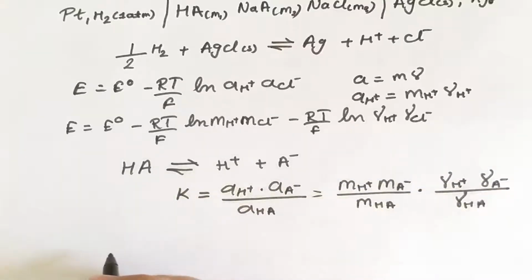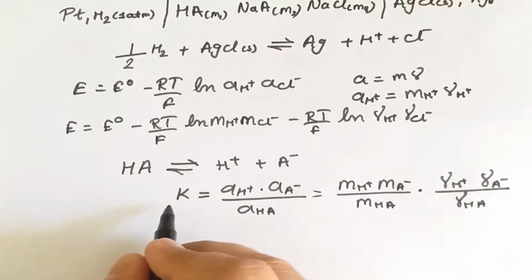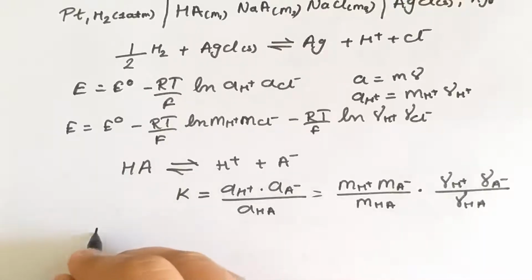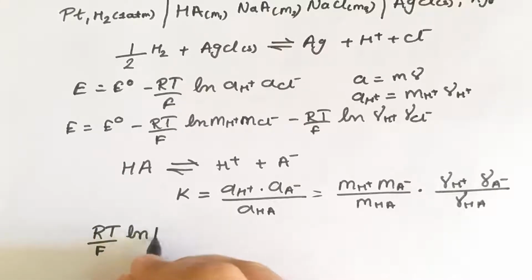So this will be the representation, and further I will convert K in this form: we can take ln on both sides and also multiply by RT by F. So I will multiply both sides by RT by F and then ln.